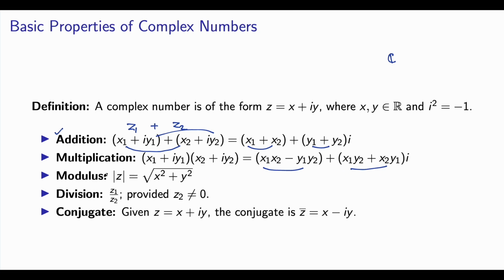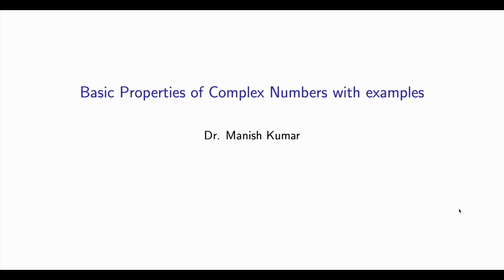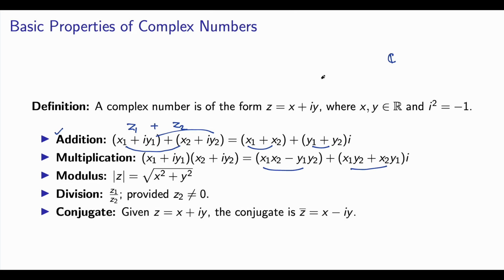Then the modulus of z is nothing but the square root of x square plus y square. Now if you see my first video, you will find that this is not an ordered field.